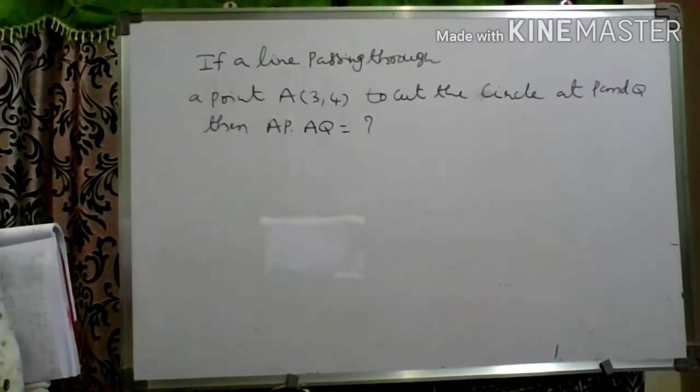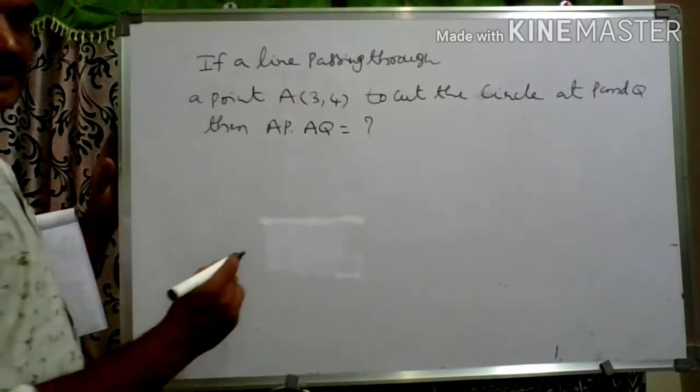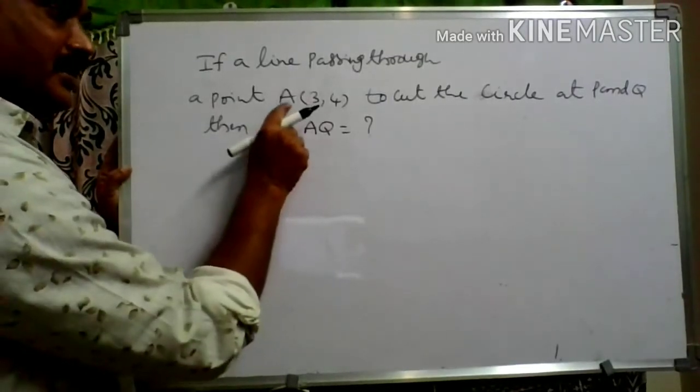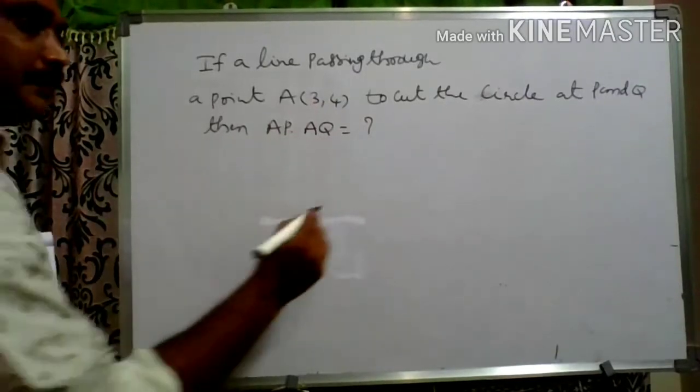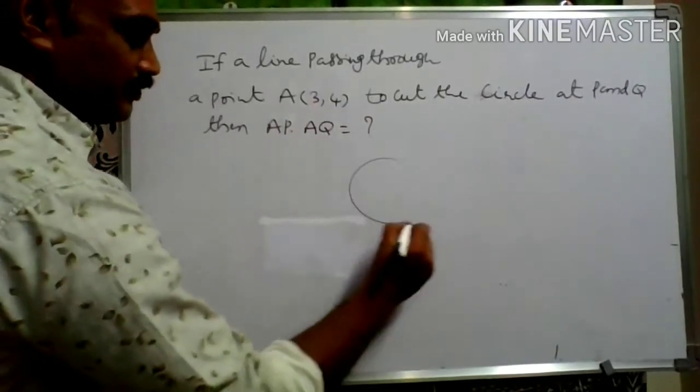If a line passing through the point A (3, 4) cuts the circle at P and Q, then AP into AQ is equal to?